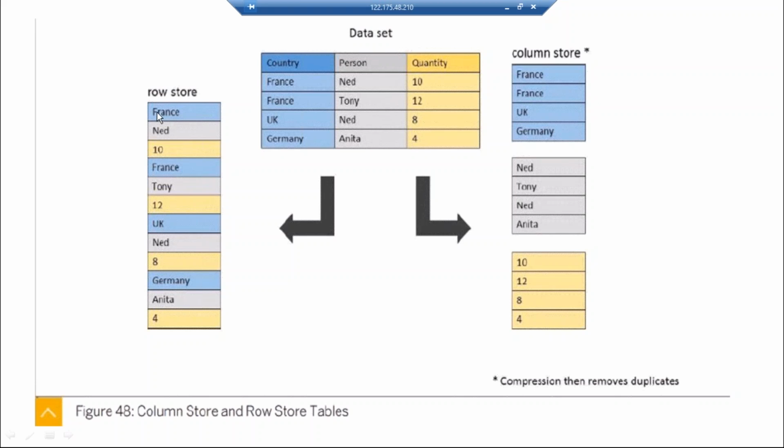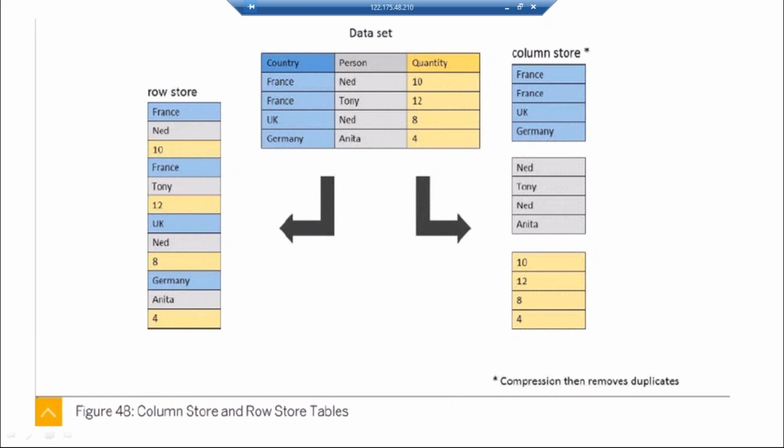First row, country column value here, it will read this France. Then the second row is here somewhere, then the third row is here, and the fourth row value is here. Basically it has to read the data from different memory locations. From one read to the next read there is a gap. Technically they call it cache misses. If you have more cache misses, time taken will be more. Obviously performance will be low. That's what happens in the row store.